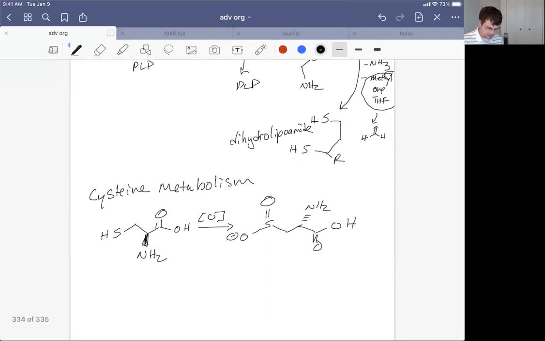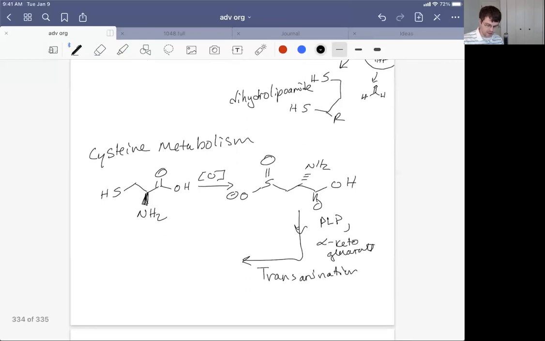But anyway, this is now able to react with PLP and alpha-ketoglutarate, and we do a transamination. The transamination reactions convert alpha amino groups into alpha keto groups.